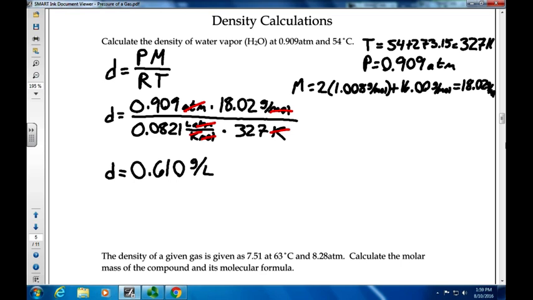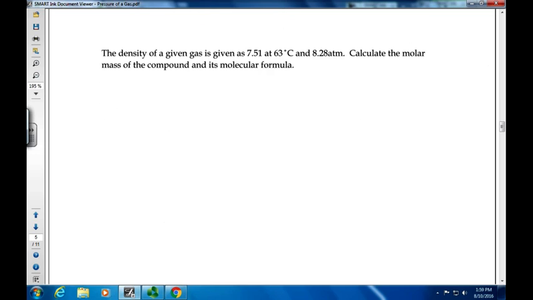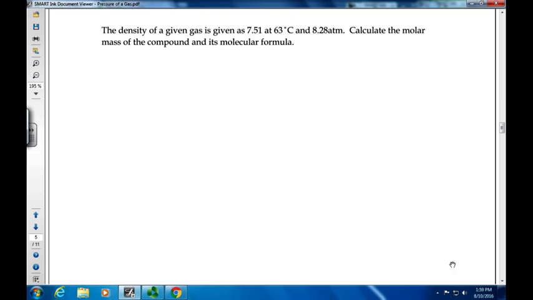Let's look at another problem that uses the same equation, but it's asking us to calculate the molar mass of the compound. So we're going to take that density is equal to pressure times the molar mass over gas constant times temperature.